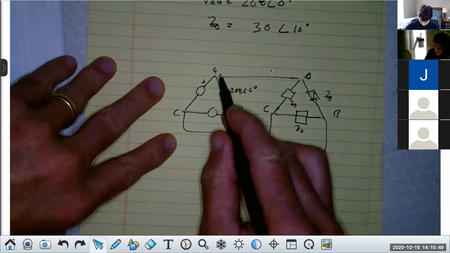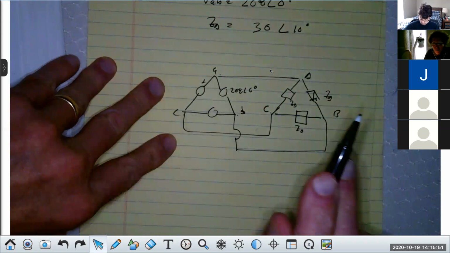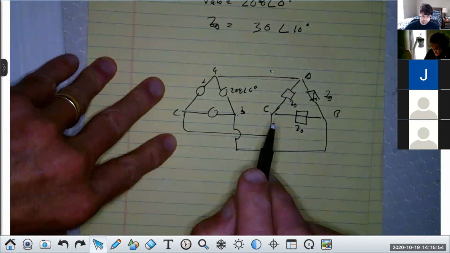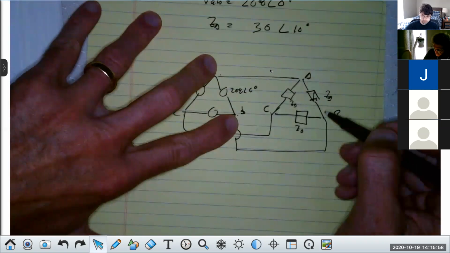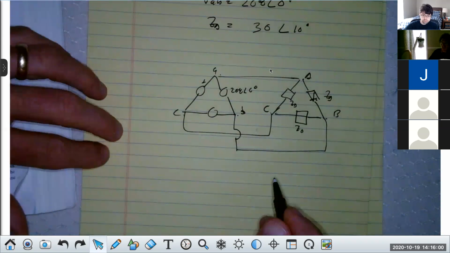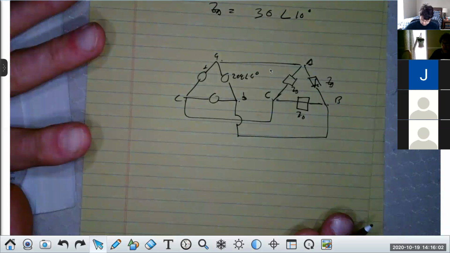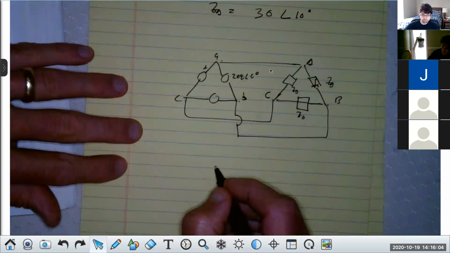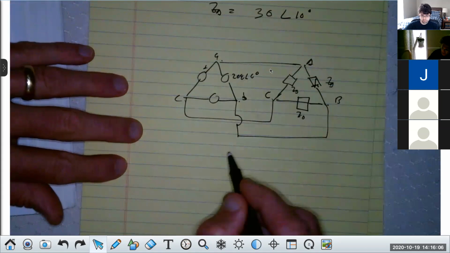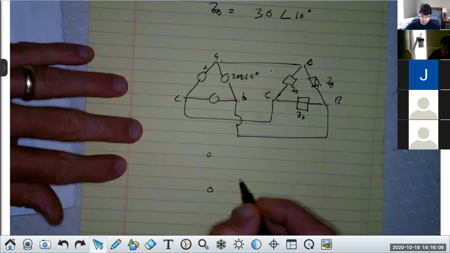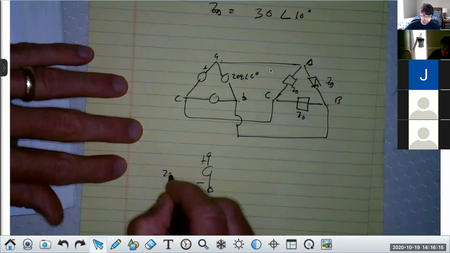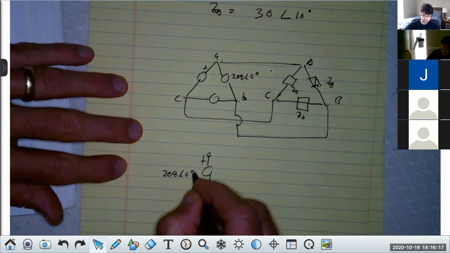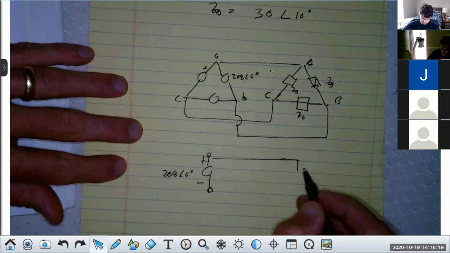Now take a careful look at this. If we take a look at A to B, because there is no line impedance, I want you to see this. There's no line impedance. A to B here directly connects between capital A and capital B. So if we just looked at the AB line voltage, we'd have a voltage here, 208 at 0 degrees, and that would be connected to a load.